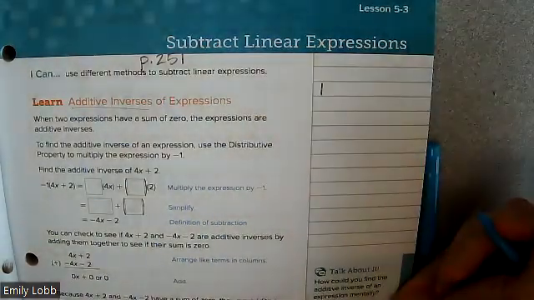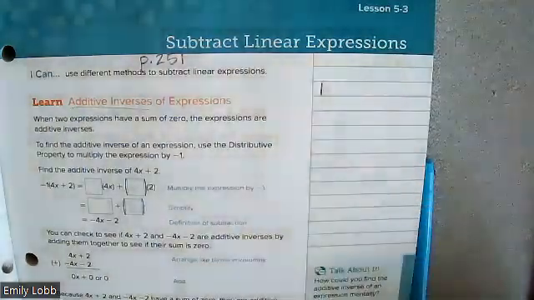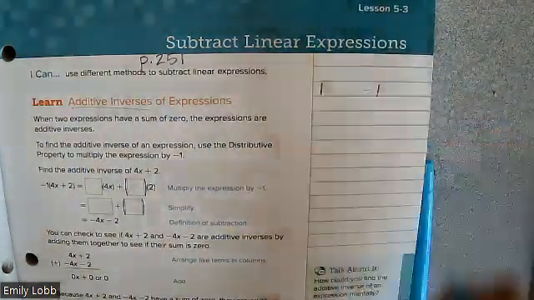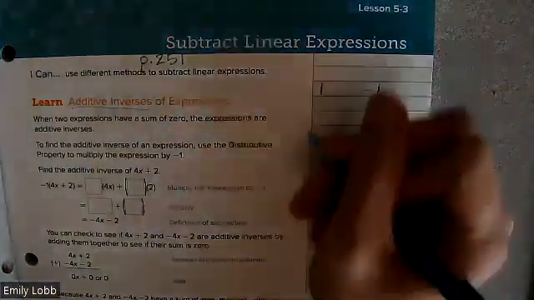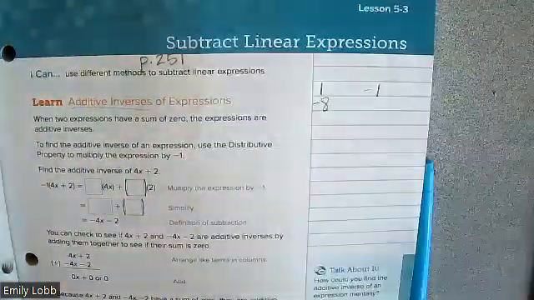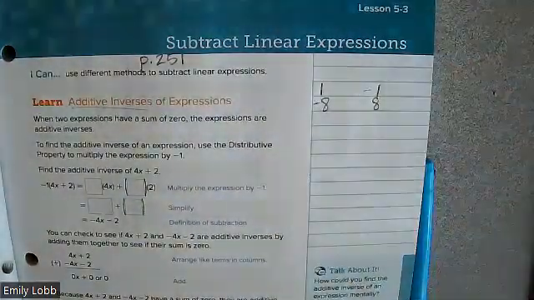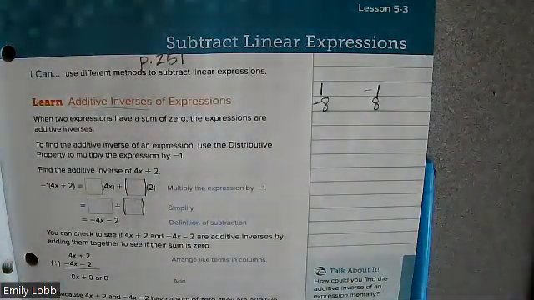No. What would I combine with 1 to make 0? Negative 1. I would say the additive inverse of negative 8 is 8, right? We don't have to write a plus there because we assume that it's positive unless we denote otherwise, right?